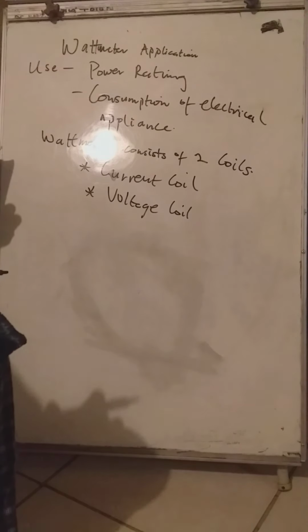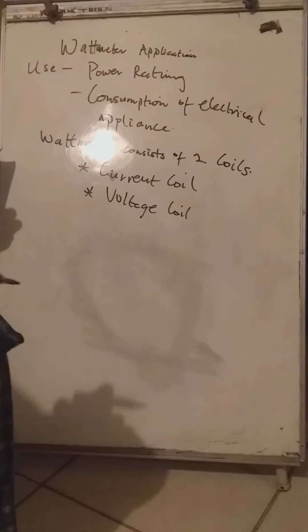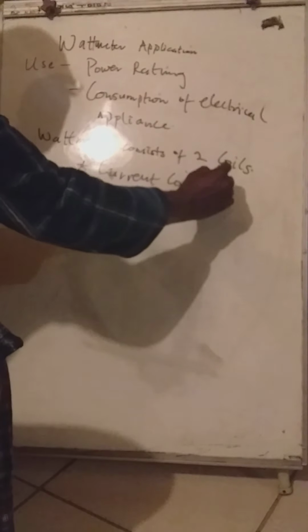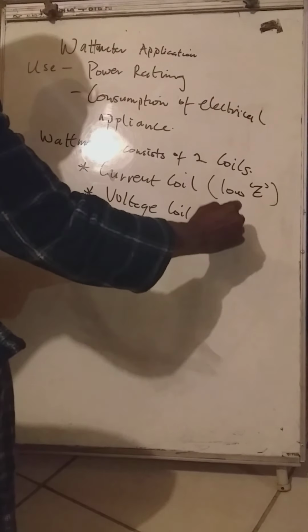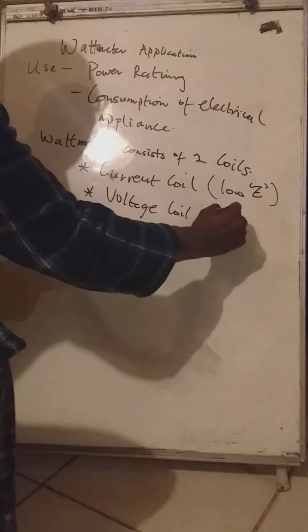The current coil is a low impedance coil connected in series with the load, while the voltage coil is of very high impedance.